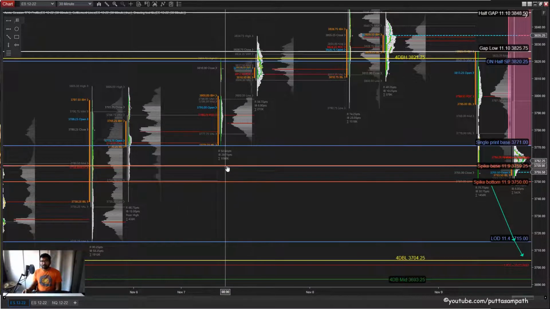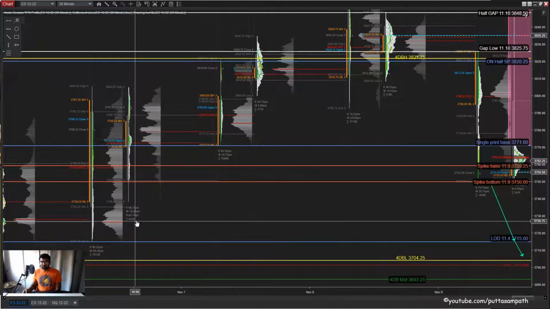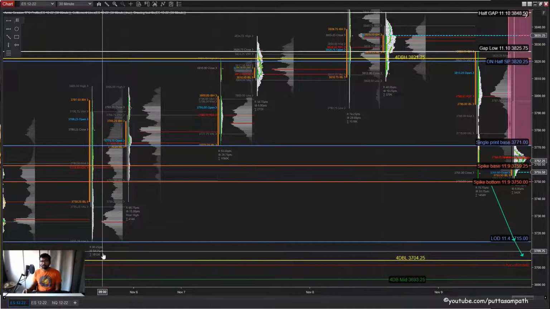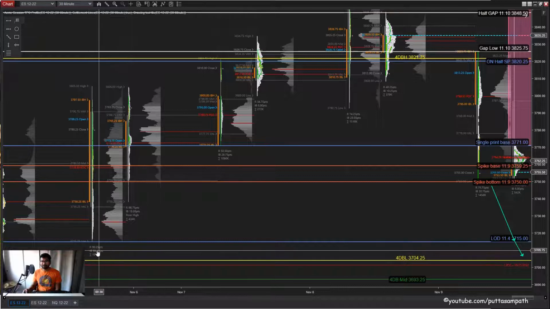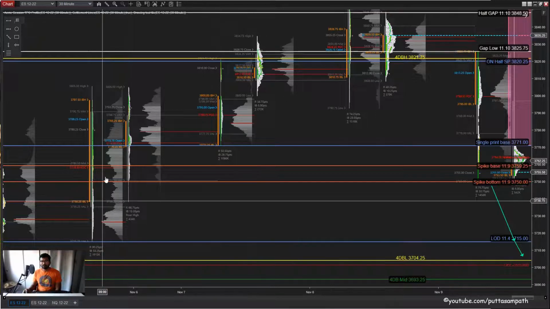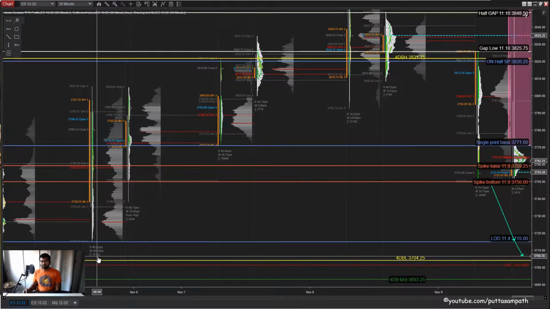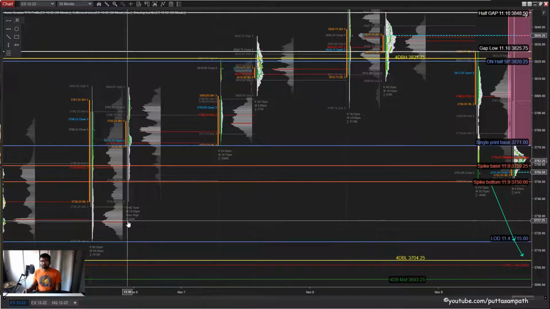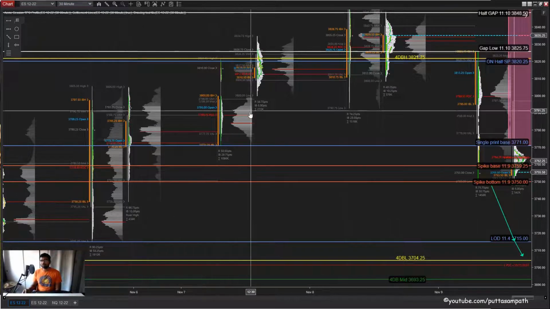The way I easily distinguish is based on the volumes. The volume of the overnight session is generally maybe 1/4 or 1/3 of the volume of regular trading hours. As you can see in this example, Monday's price action volume was 1.9 million contracts traded, and in the overnight session it's 434,000 contracts. It's almost 1/4.